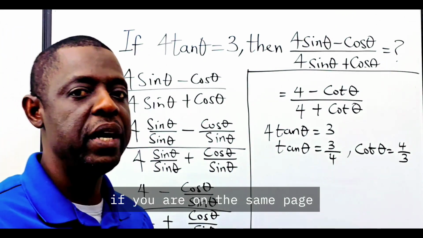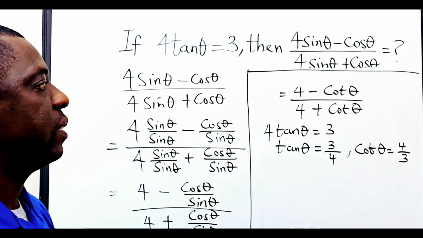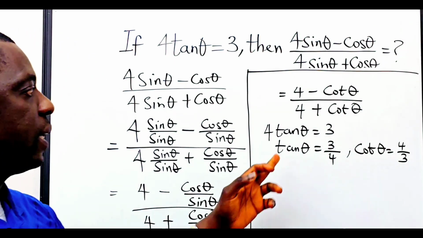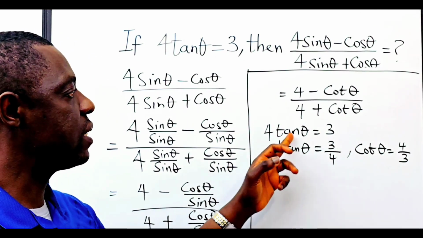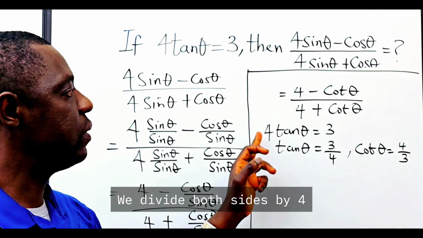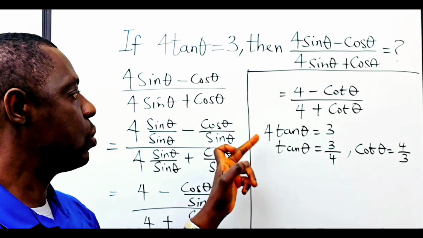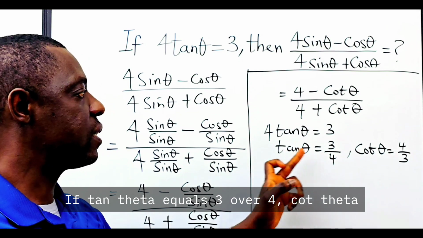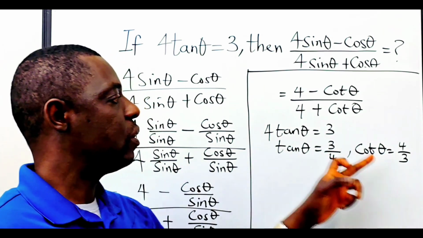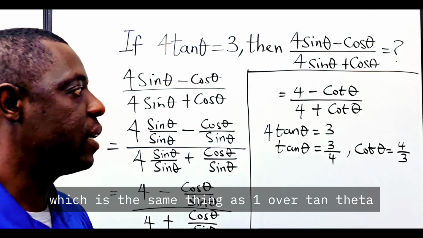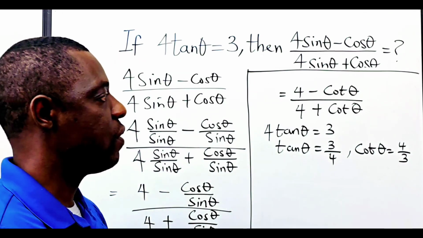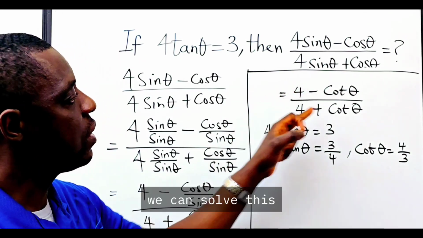If you're on the same page with me, we should be able to grasp everything here. We divide both sides by 4, so we have tan theta equals 3 over 4. If tan theta equals 3 over 4, cot theta, which is the same thing as 1 over tan theta, will be 4 over 3. If that is 4 over 3, we can solve this.